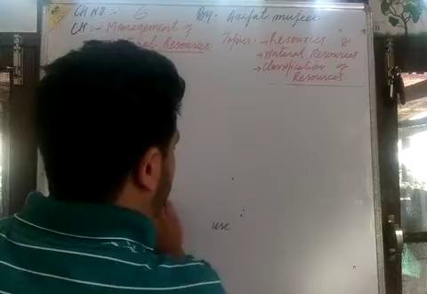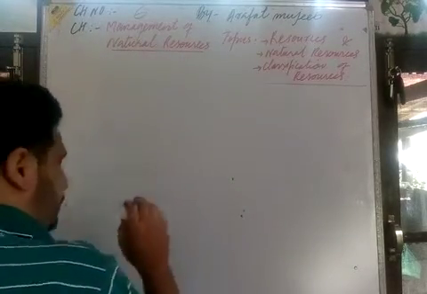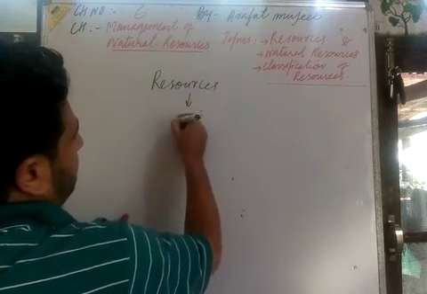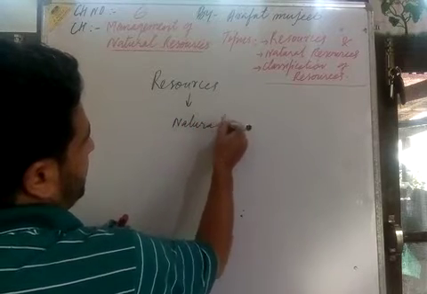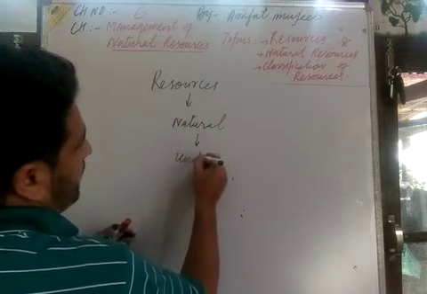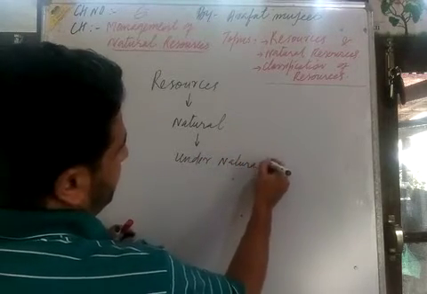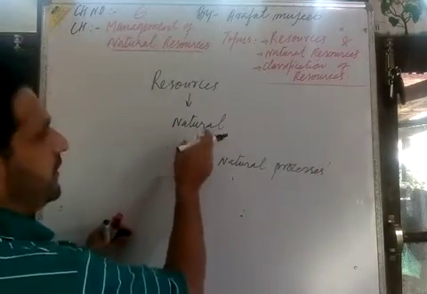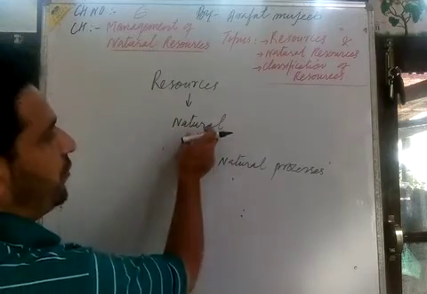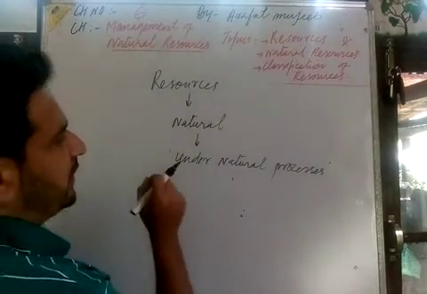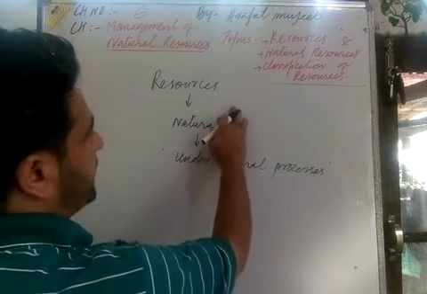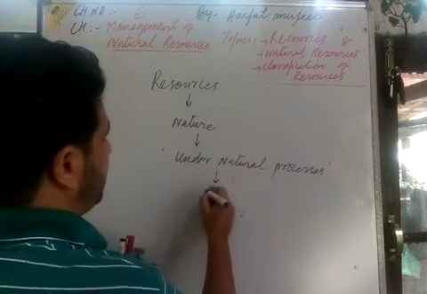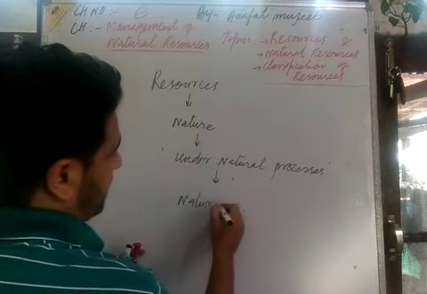Now, if these resources occur naturally, under natural processes, if their formation takes place in nature under natural conditions, then they are called natural resources.